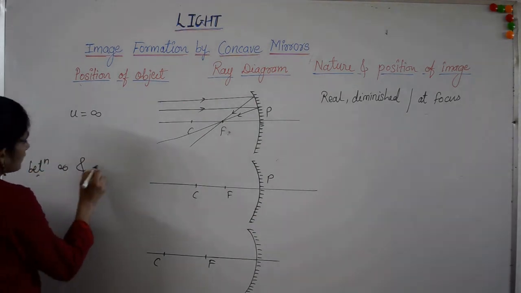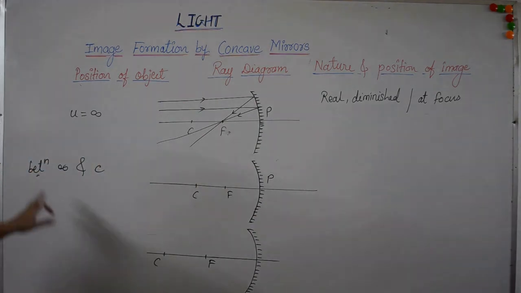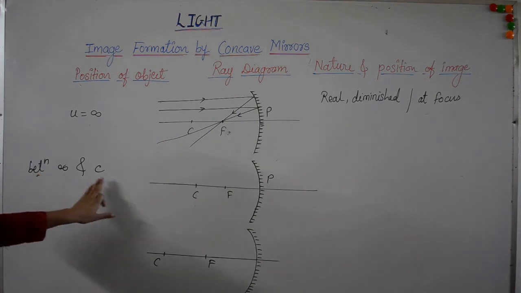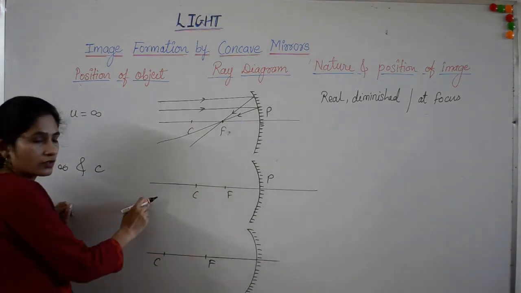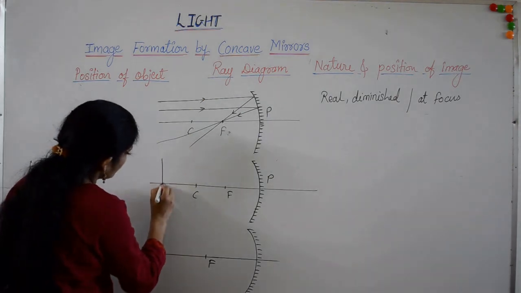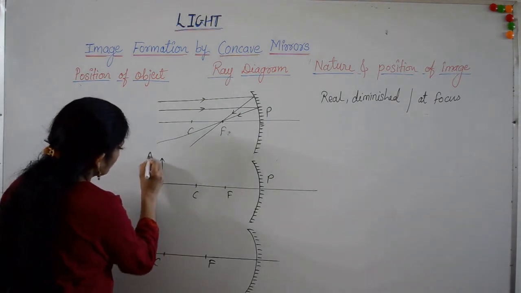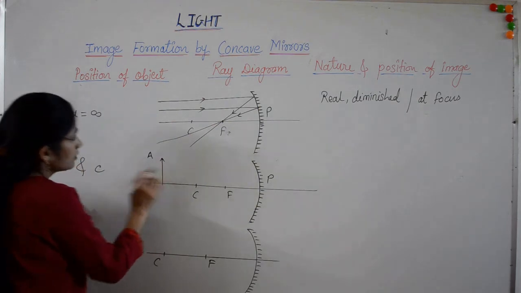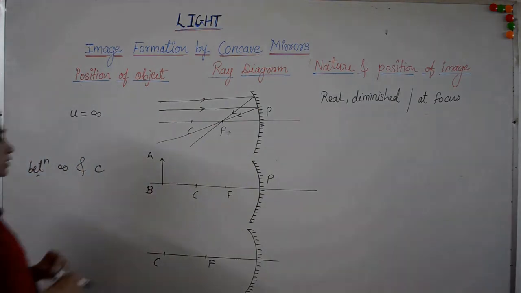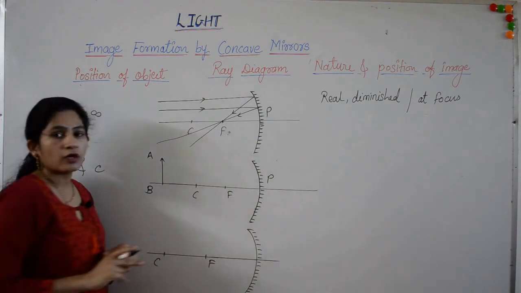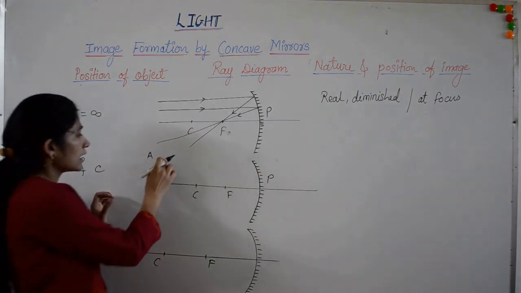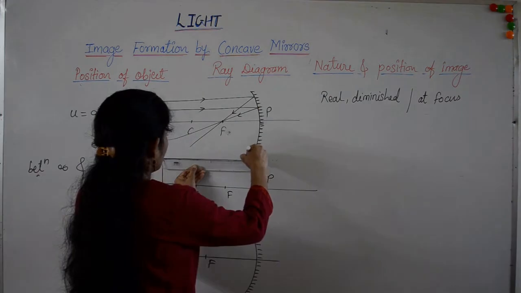In the second case, when the object is between infinity and center of curvature, or you can say when the object is beyond center of curvature. Let AB be your object. Then we will consider two rays. In order to draw ray diagrams, you must at least draw two rays.